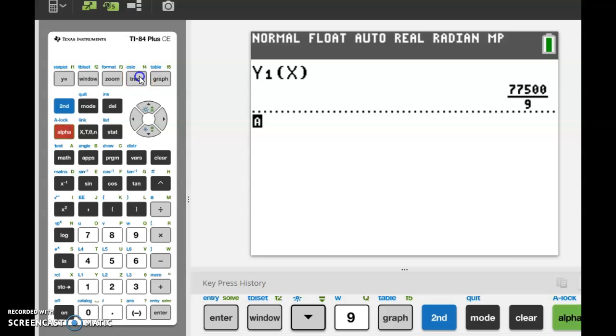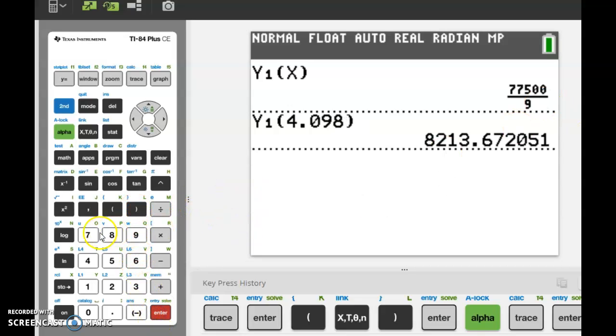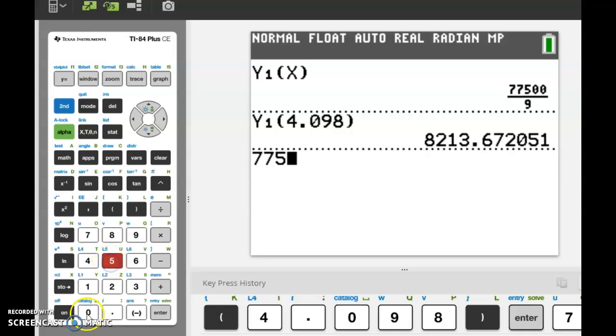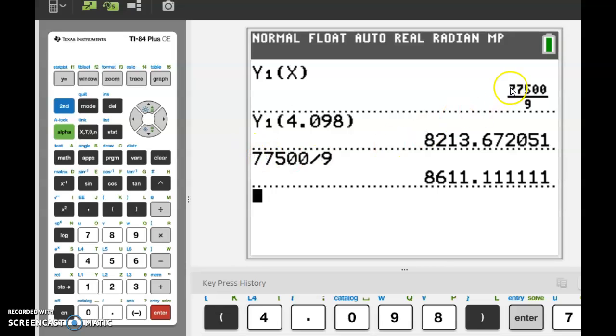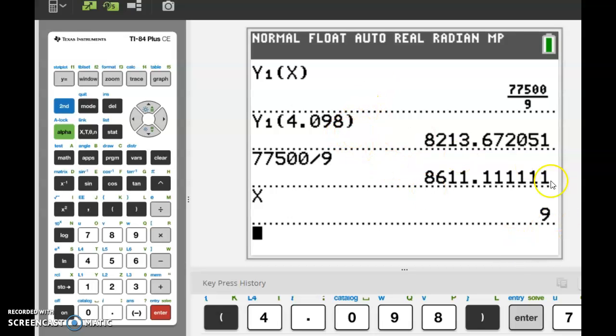And if you don't believe me by that, we could put in that 4.098, which is roughly 77500 divided by 9. Oh, I guess it's not about the same. What is x then? Oh, I guess it didn't save it. Well, don't believe me then. I guess your calculator doesn't automatically save it.